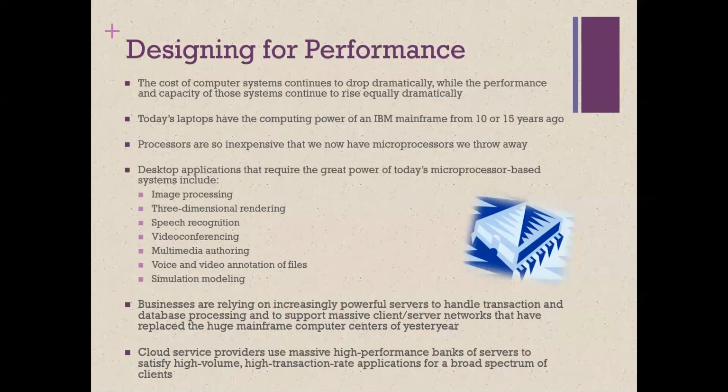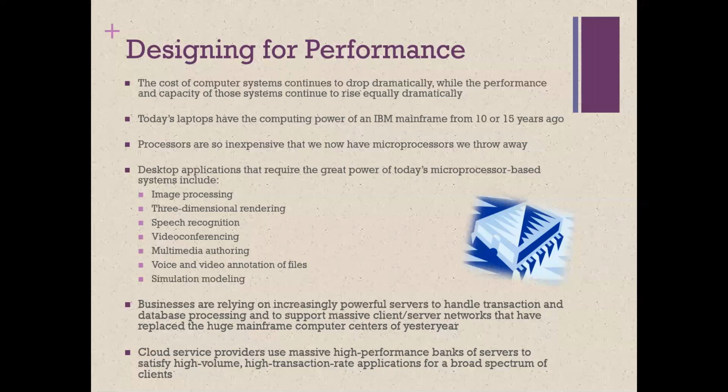So, designing for performance. Basically, year on year, the cost of computer systems continues to drop dramatically, while the performance and capacity of those systems continue to rise equally dramatically. And so today's laptops have the computing power of yesteryear's IBM mainframe computers.